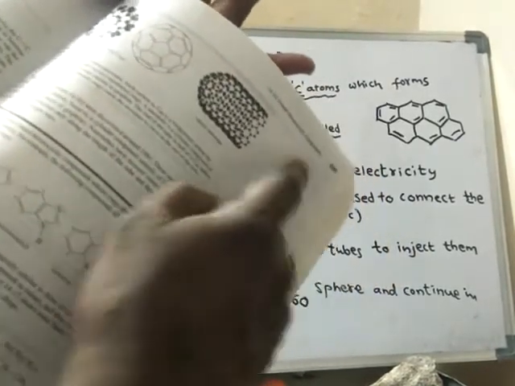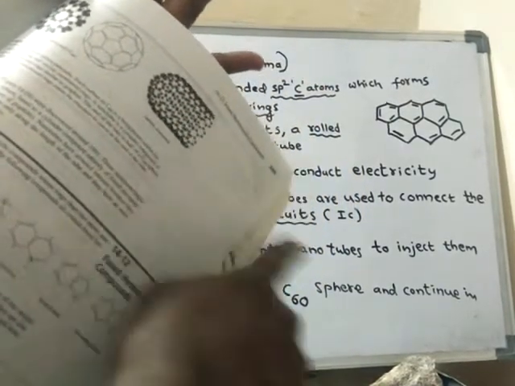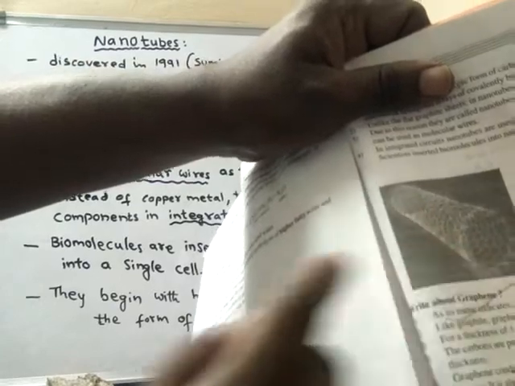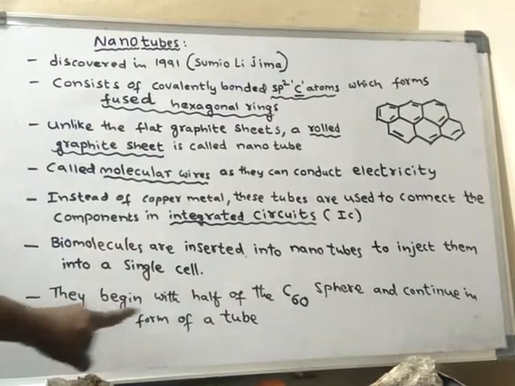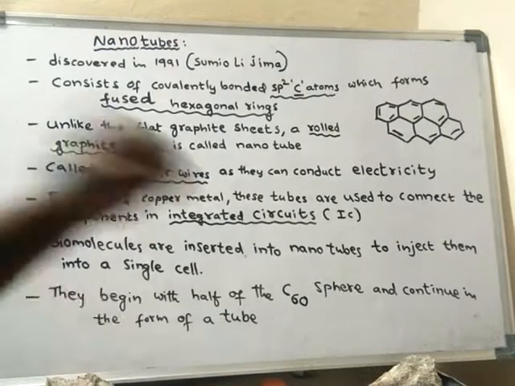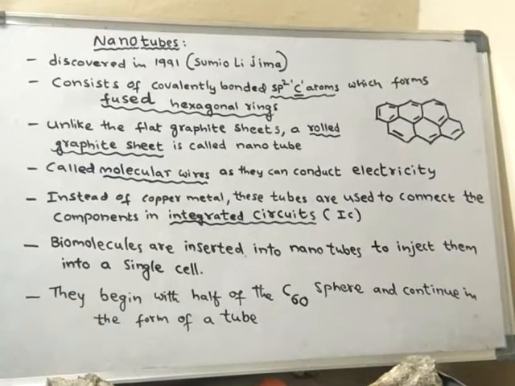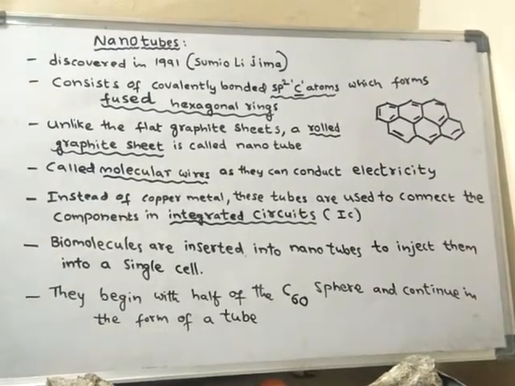The nanotube begins with half of the C60 molecule and continues as a tube like this. So nanotubes begin with half of the C60 sphere and continue in the form of a tube. These are some of the points related to nanotubes.